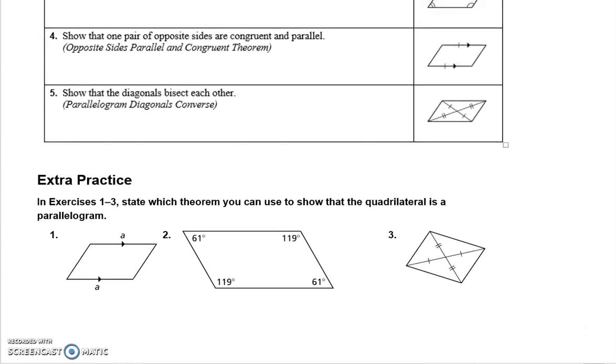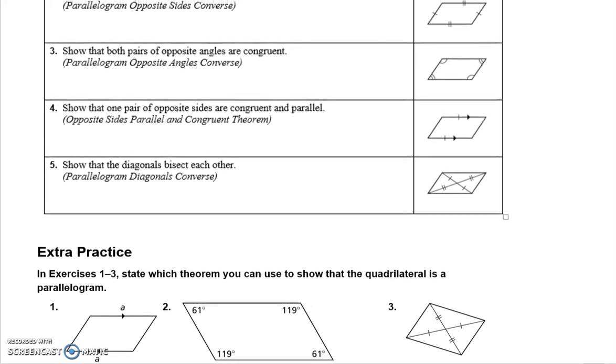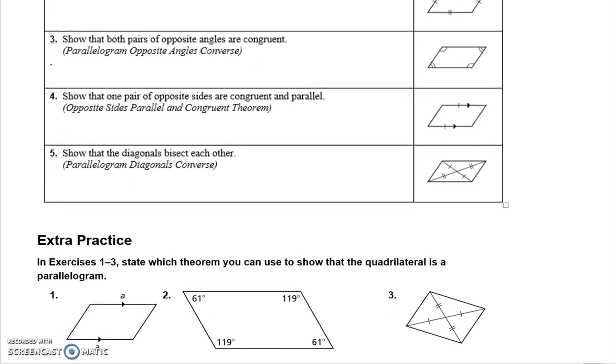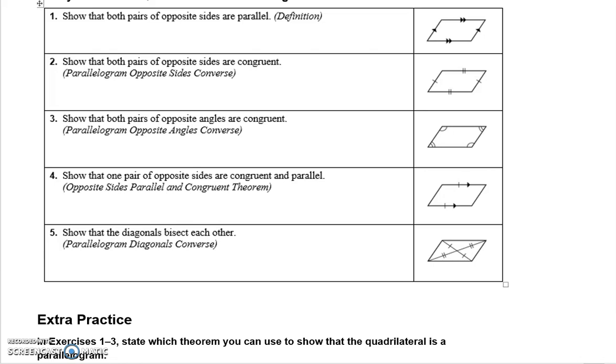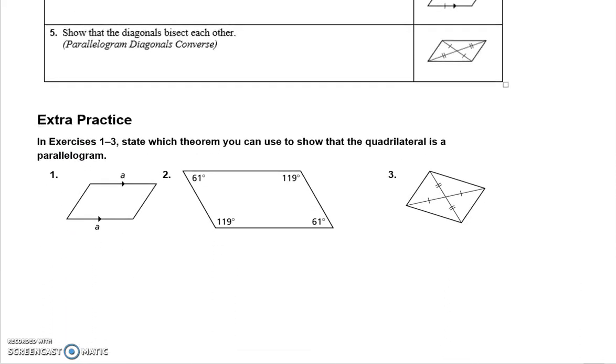The first one, parallel lines and congruent lines, is number 4 here. Opposite sides, parallel, and congruent. So that's what you put.